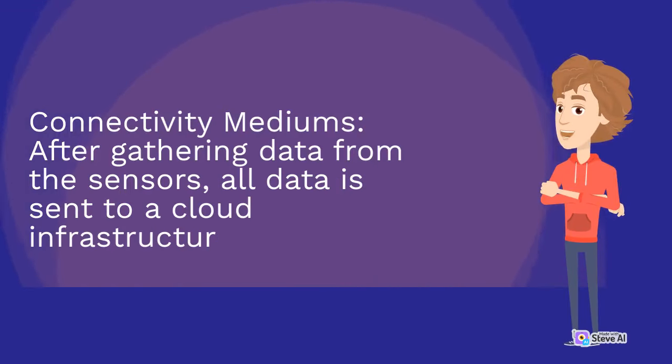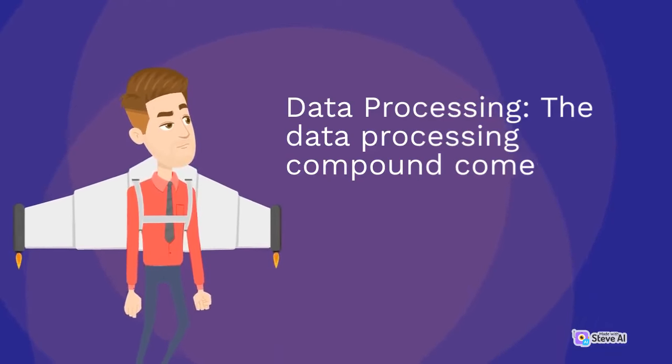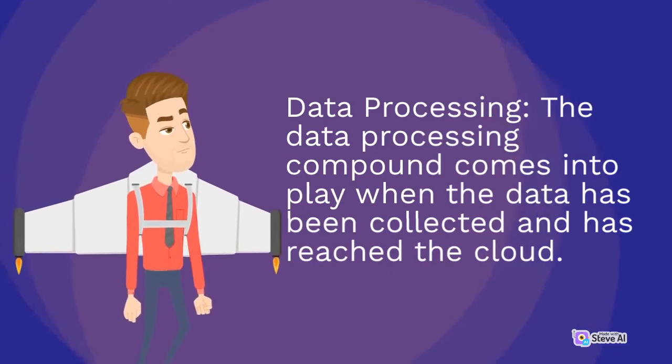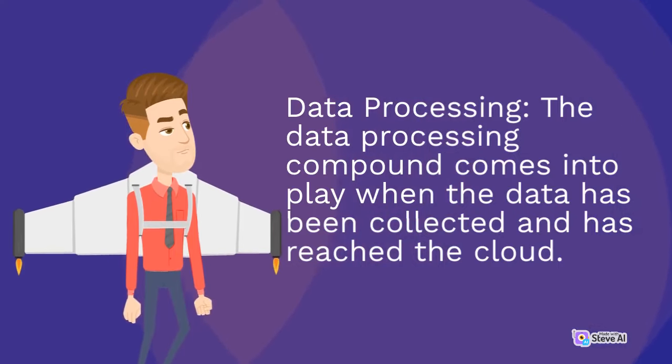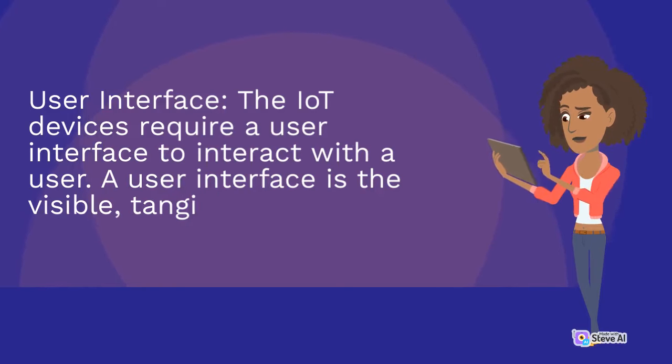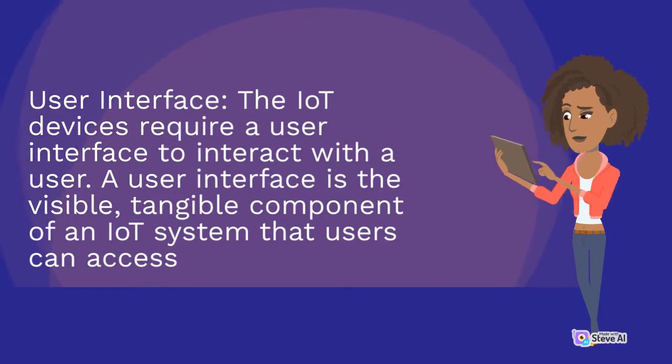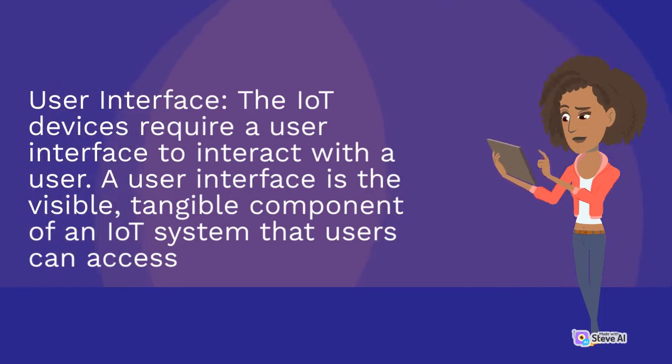After gathering data from the sensors, all data is sent to a cloud infrastructure. Data processing. The data processing component comes into play when the data has been collected and has reached the cloud. User interface. The IoT devices require a user interface to interact with the user. A user interface is the visible, tangible component of an IoT system that users can access.